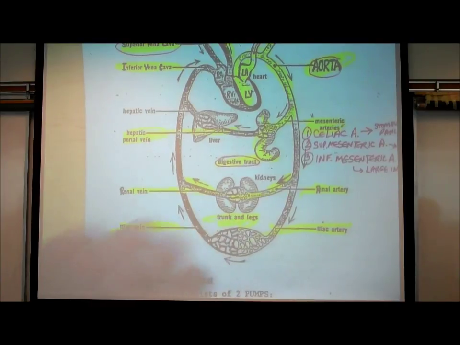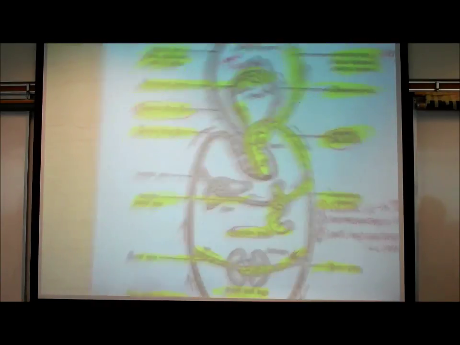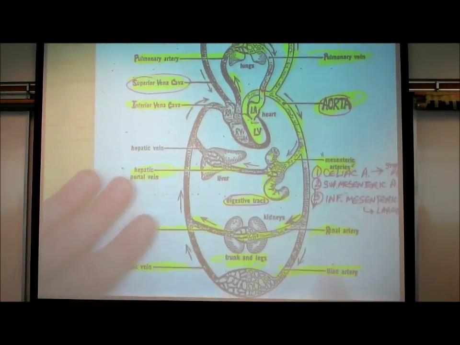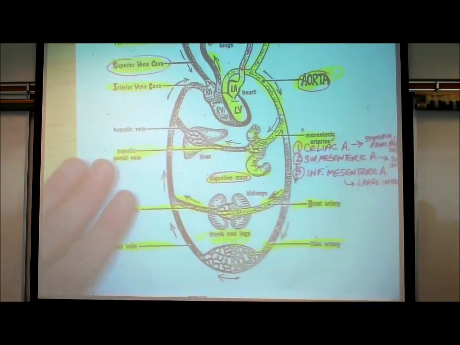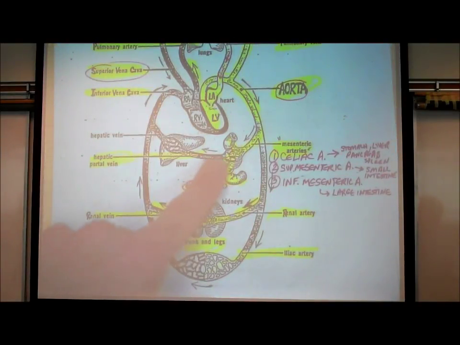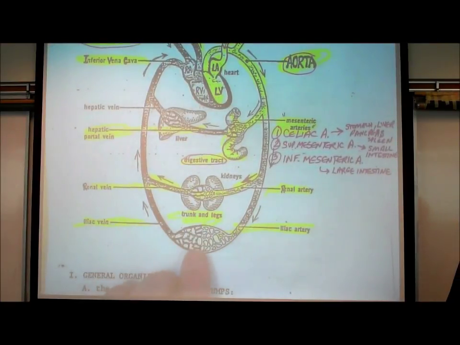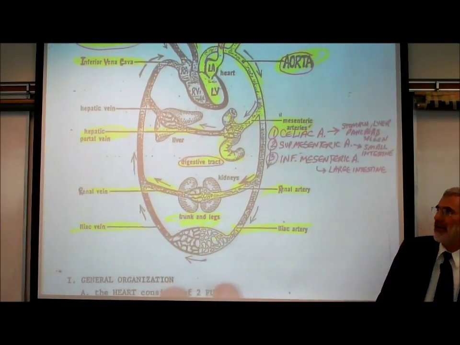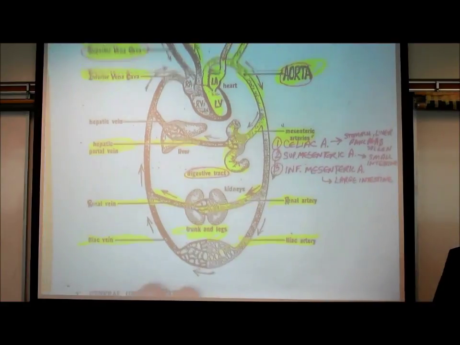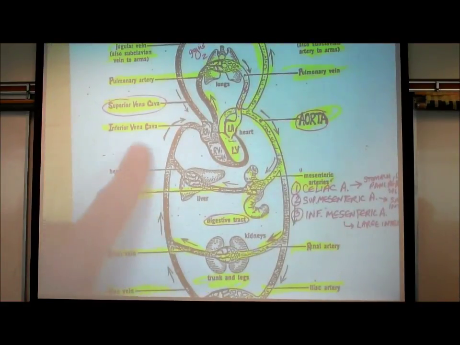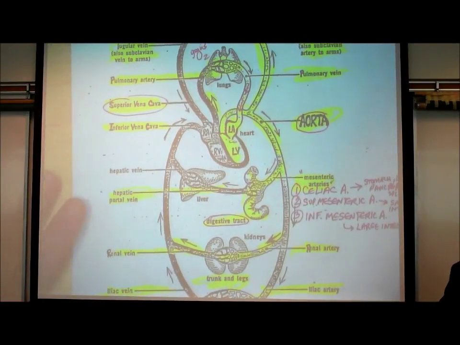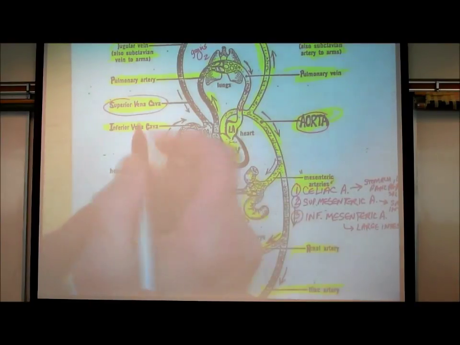So we can see, this is just an example of some of the arteries that branch off the aorta. These mesenteric arteries carry oxygenated blood to your digestive tract, the renal arteries carry oxygenated blood to your kidneys, the iliac arteries carry oxygenated blood to your legs, and then this blood flows back towards the heart via the inferior vena cava.